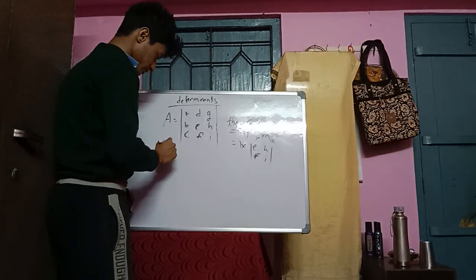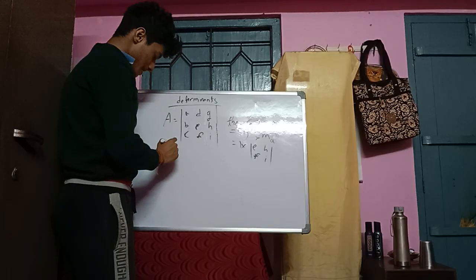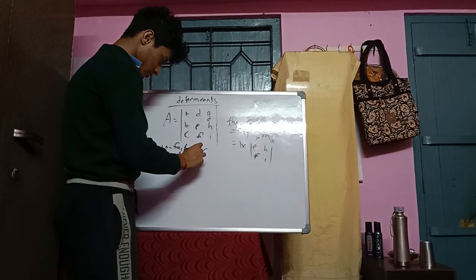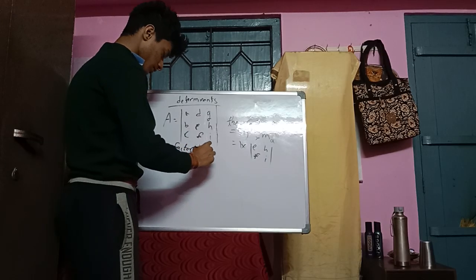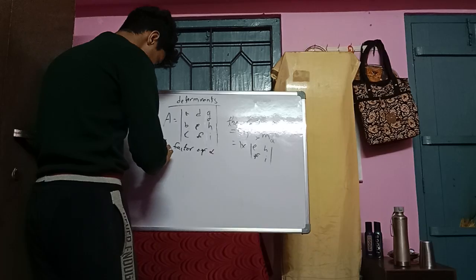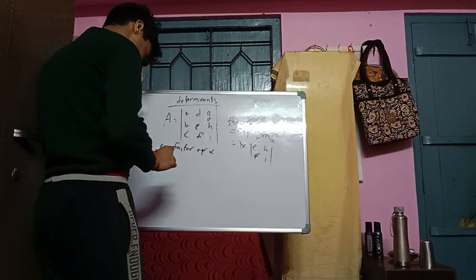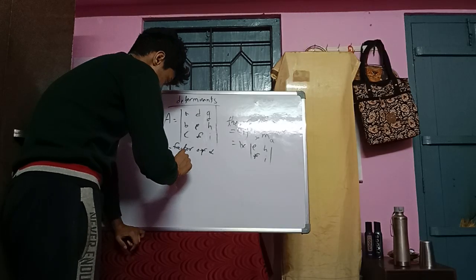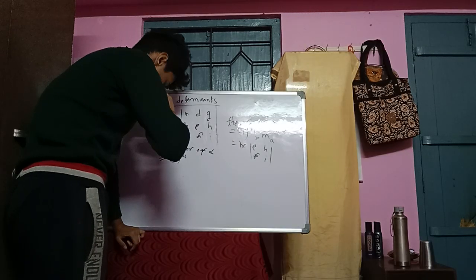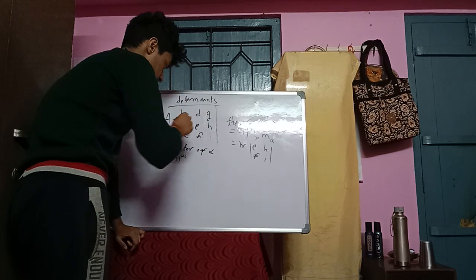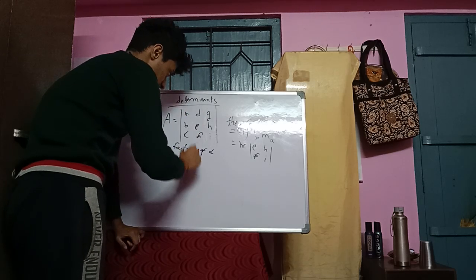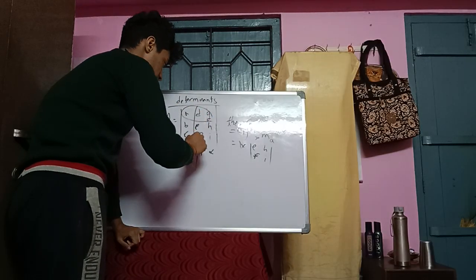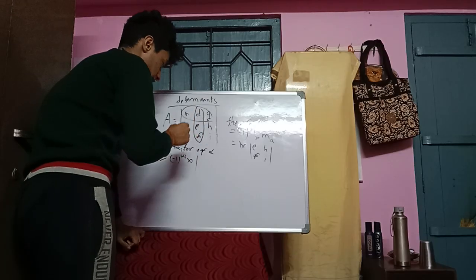Let me actually write it down. Cofactor of D is -1 to the 1 plus 2. 1 is the order of the row that D is part of, and 2 is the order of the column that D is part of, times the minor of D, which will be the determinant created with the elements excluding the row and the column element D is part of.